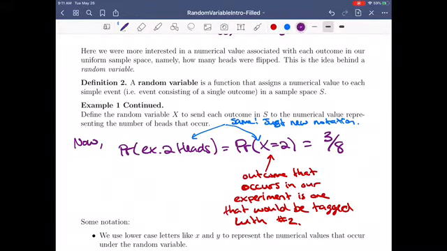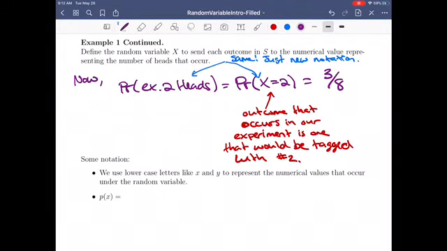This random variable notation actually lets us write a variety of different events using the same notation. A note on notation: when we're talking about random variables, we normally use capital letters for the random variable, and then lowercase letters to talk about the numerical values that could occur. So it's usually X and Y. Then we would say p of x, little p of x, this is just us being lazy.